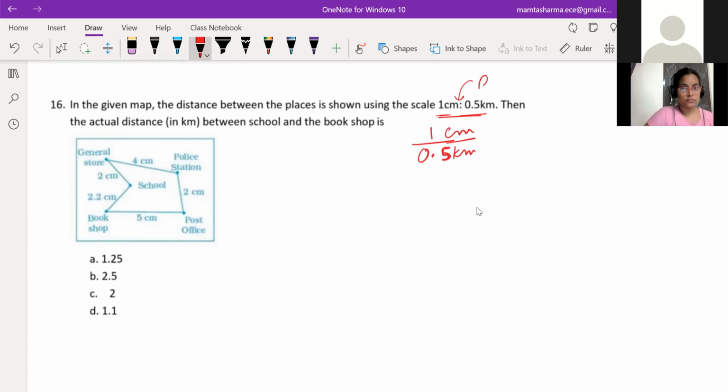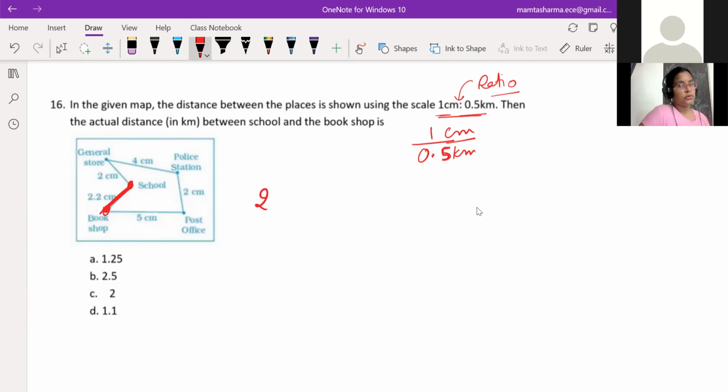This shows the ratio. Then you have to tell the actual distance between the school and the bookshop.